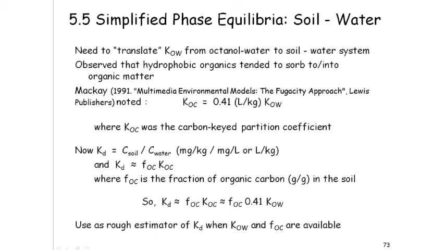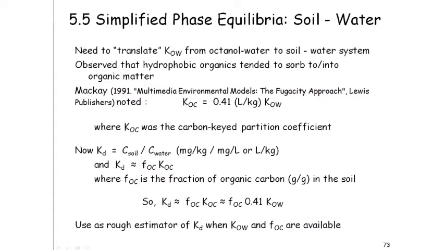We'll take a very simple form of a relationship that Don Mackay defined in 1991. It's not a bad approach. The organic carbon keyed partitioning coefficient, KOC, is equal to 0.41 times KOW. So this provides an easy way to calculate KOC for our organic contaminant, since we already have KOW from a tabulated value.